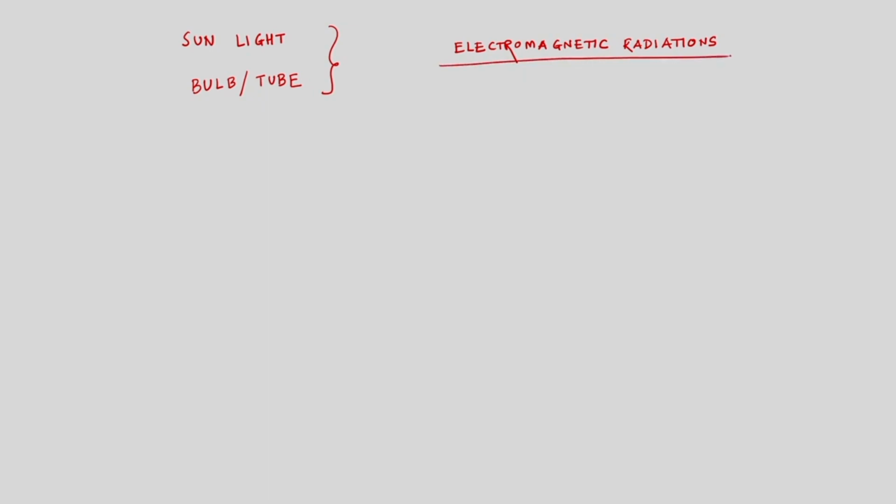But these electromagnetic radiations are non-coherent. They are non-directional. They are scattered, random.